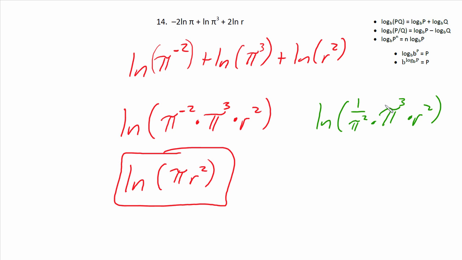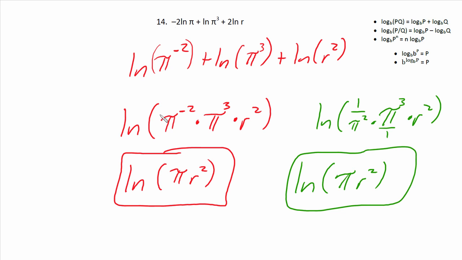If you put the pi cubed above right here, this is over 1. Then pi cubed over pi squared leaves you with pi, so ln of pi, and then you still have the r squared. Either way, you get the same answer, however you want to handle it. And that is it for this lesson, and that's it for this video.